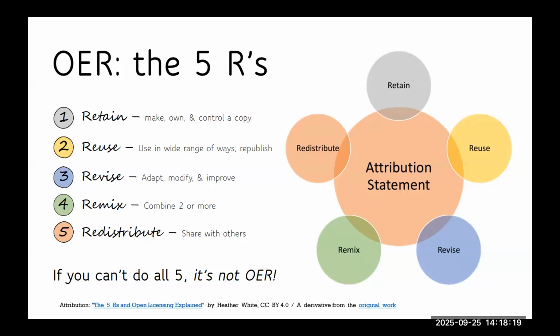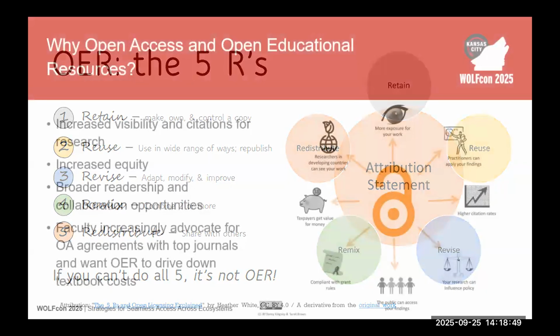With OERs, if you can't do all 5 of those things, it's not an open educational resource. They're defined very particularly, and it's a very broadly permissible range of usage. Open educational resources also typically have an attribution statement, similar to a citation. You give credit to the original author, the title, and the links to the different licenses involved to use that material.